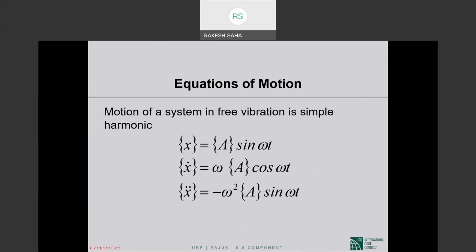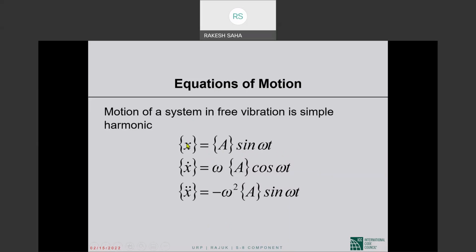I am not sure, but a system in free vibration shows simple harmonic motion, meaning the displacement can be expressed as an amplitude times sine of omega t. It is a sine function of time. That's what simple harmonic motion means.